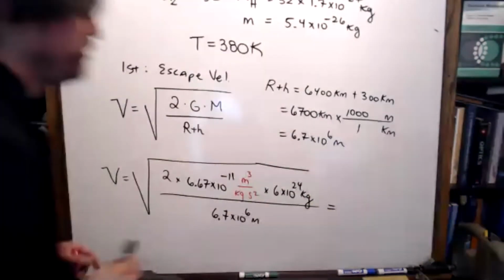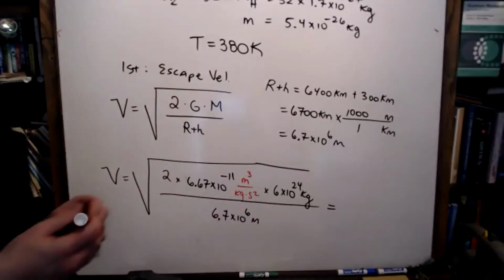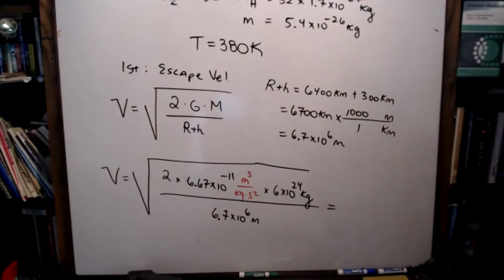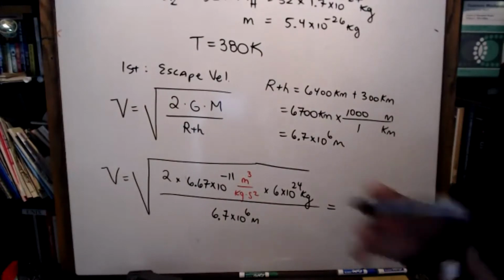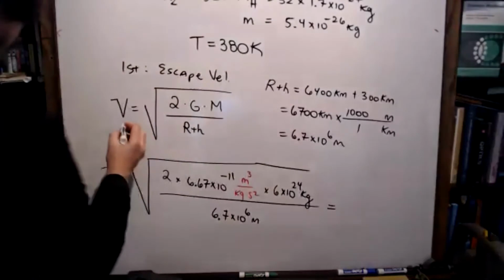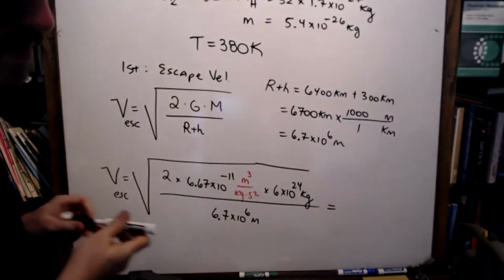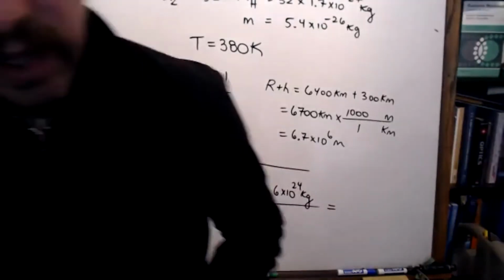Okay, guys, this is your job. Punch that up for me, okay? And this is velocity of escape, so we should write ESC on it. Now I'm going to get some ice water. When I come back, I want that number.